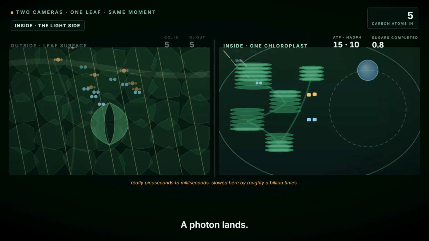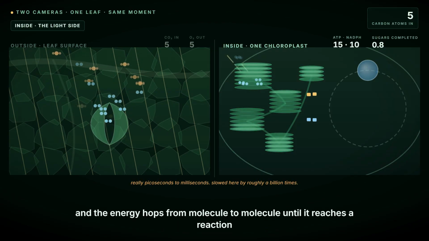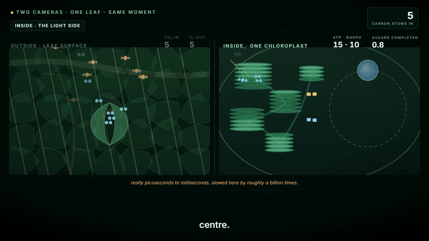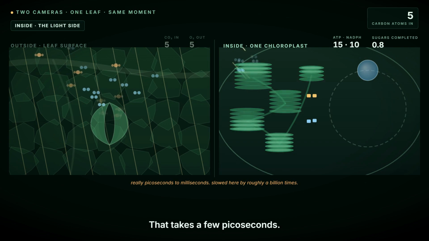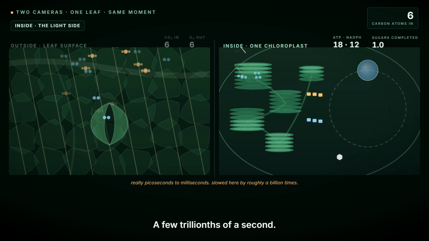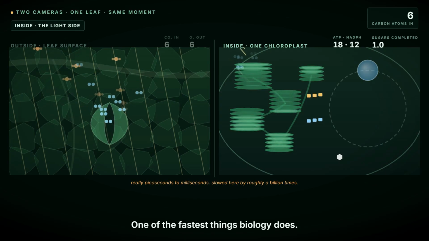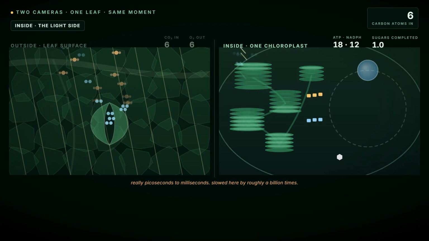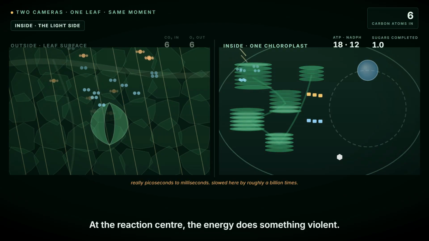A photon lands. Chlorophyll catches it, and the energy hops from molecule to molecule until it reaches a reaction center. That takes a few picoseconds, a few trillionths of a second, one of the fastest things biology does. At the reaction center, the energy does something violent.